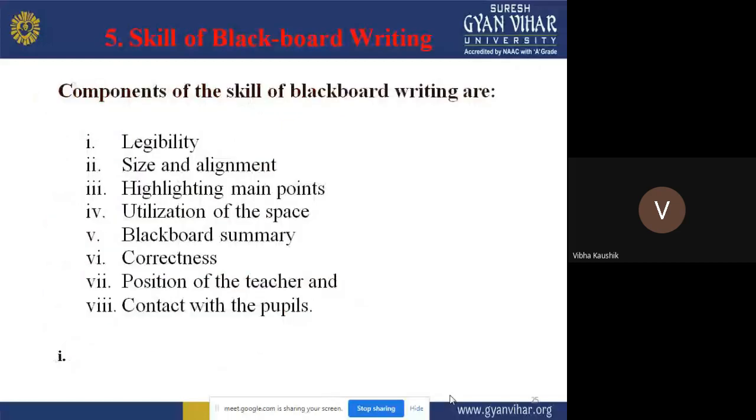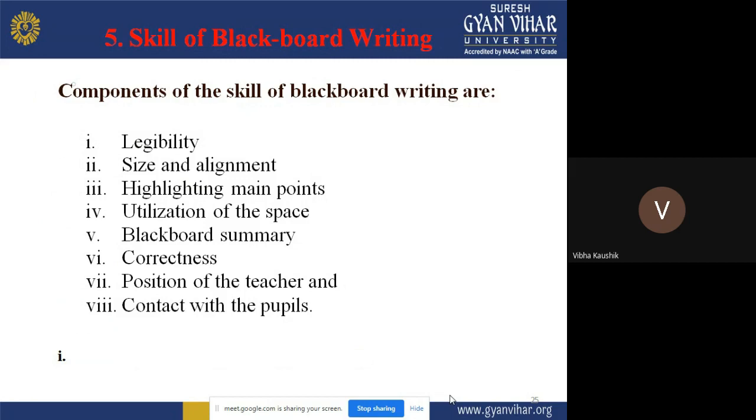Skill of blackboard writing. The components of the skill of blackboard writing are, first, legibility. It should be understood by each and every student. Size and amount: the words that have been written on the board should be of a proper size.